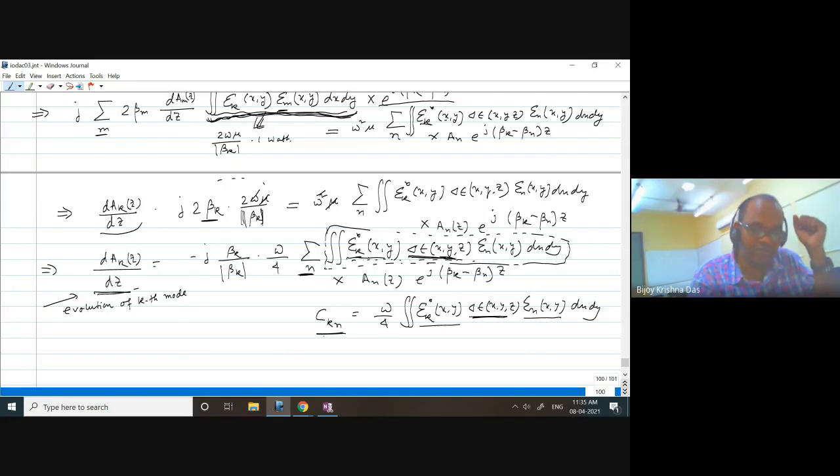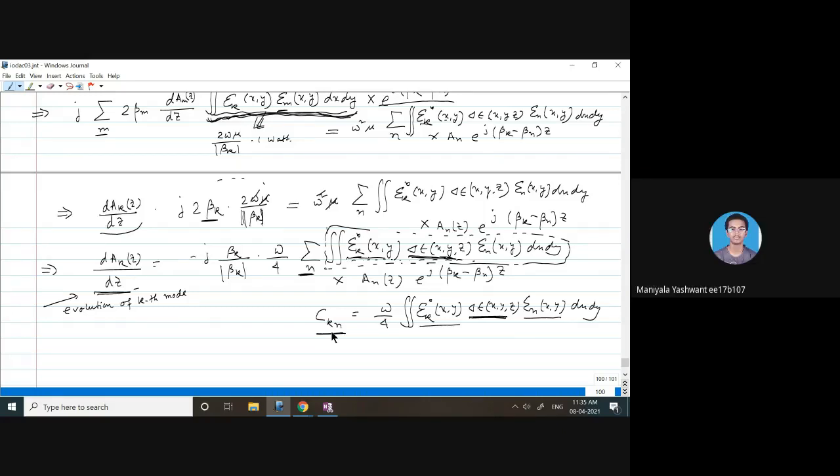I am looking at how much coupling is happening from the nth mode to the kth mode because of the delta epsilon perturbation. So I can calculate ckn. If there are 10 modes and I know the delta epsilon perturbation, I can find the overlap or coupling from all other modes. Individually you can calculate like this.